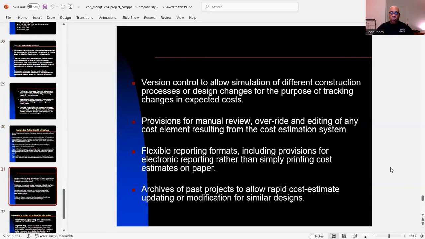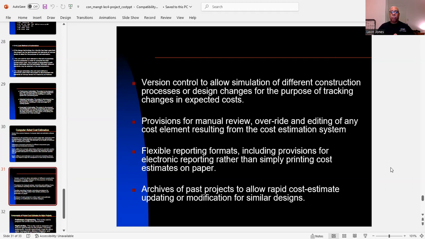Now, version control allows simulation of different construction processes or design changes for the purpose of tracking changes in expected costs. And then there are provisions for manual review, override, and editing of any cost element resulting from the cost estimation system.